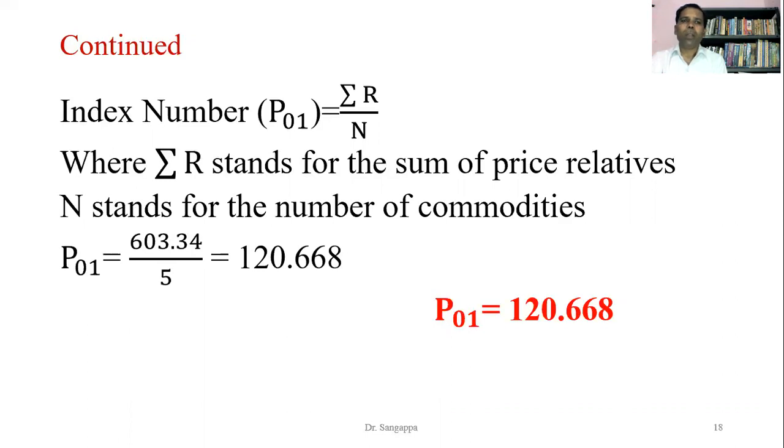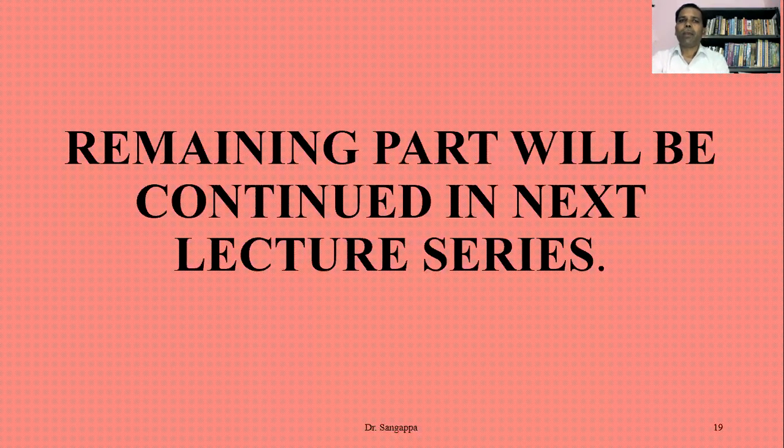So the index number for the current year 2020 is 603.34 upon 5 equal to 120.668. So the index number for the current year 2020 is 120.668.